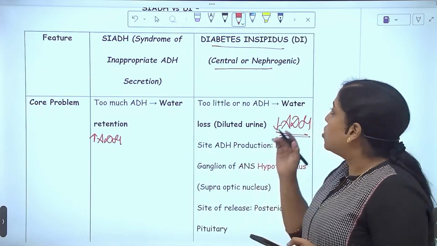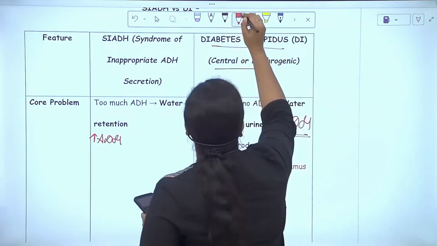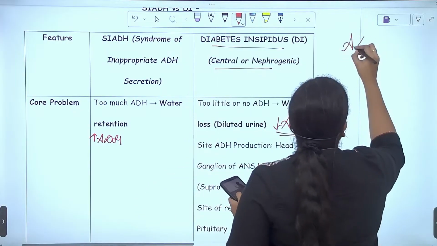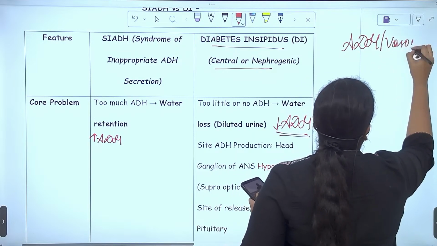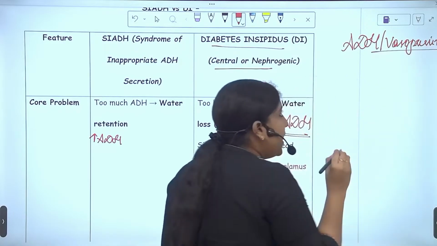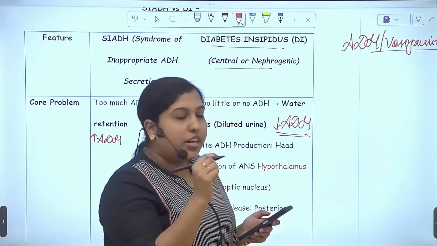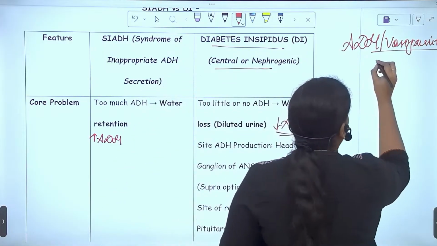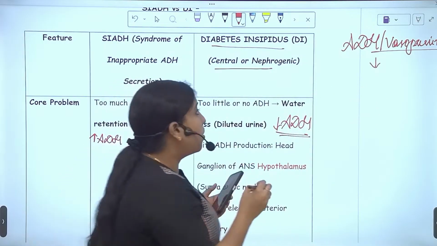Yes. So we were discussing the normal mechanism in detail. ADH is otherwise known as vasopressin, as you all know. As the name implies, it is an antidiuretic hormone. So when it is an antidiuretic hormone, what is the normal mechanism?